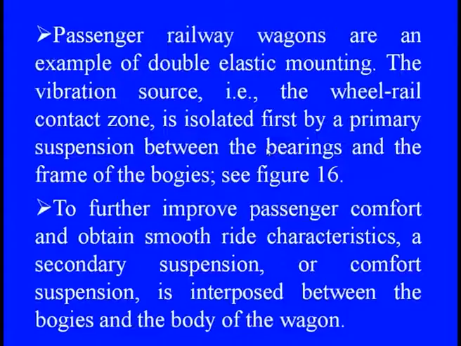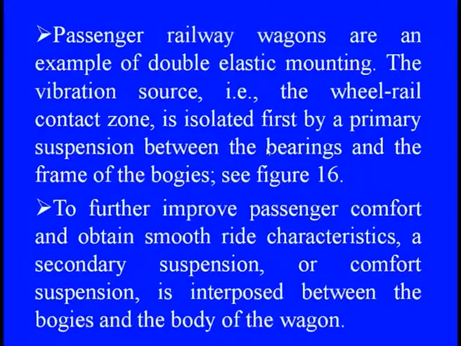So it should be isolated, because when it is transmitted right from the rail wheel interaction to the bogie seat and all, certainly it will create discomfort to the passenger. So first we need to isolate by the primary suspension between the bearings and the frame of the bogie. This isolation can be easily provided by some isolating material.